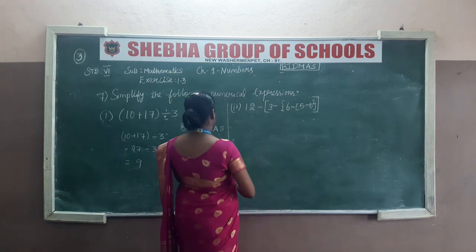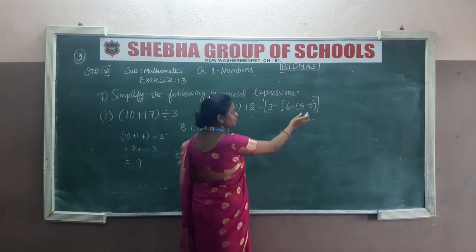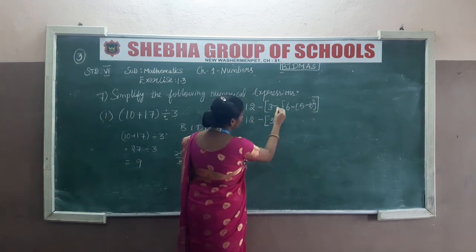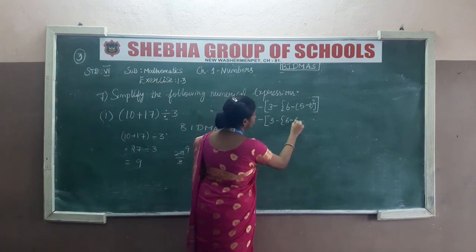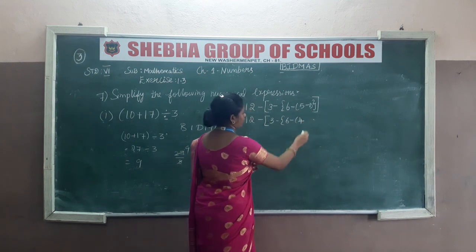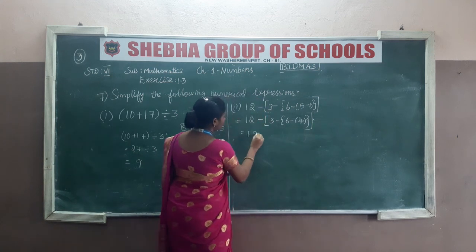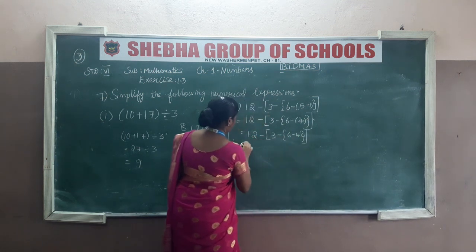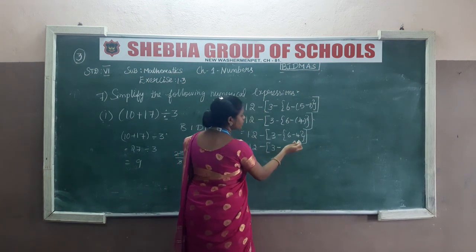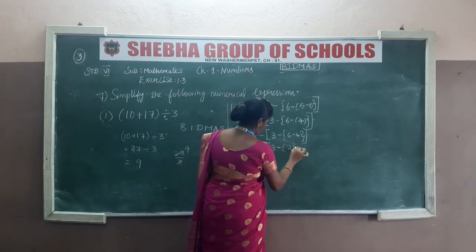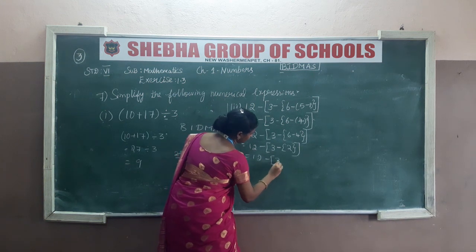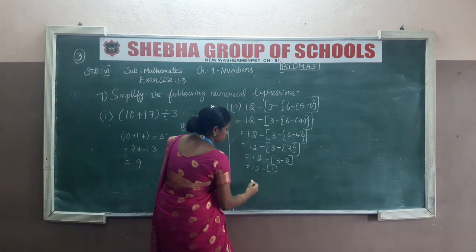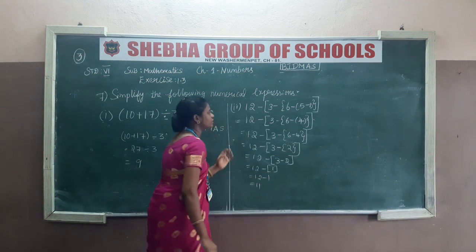So using the BODMAS method, we have to solve the brackets one by one. 12 minus 3 minus open bracket 6 minus, first we subtract this bracket, 4, then close the bracket. 6 minus 4 is 2, then 12 minus 3 minus 2 close bracket. 12 minus open bracket 3 minus 2 is 1 close bracket, is equal to 12 minus 1, is equal to 11. So the value is 11.